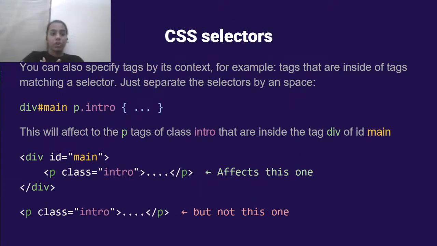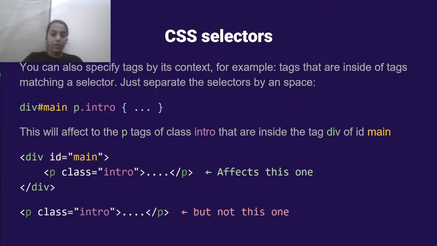So next, let us talk about how you can also specify tags by their context. For example, tags that are inside a tag of a matching selector. We can just separate the selectors by a space. So we can have div hash main p dot intro. This means all the p tags having the class intro that are inside the div tag of id main.